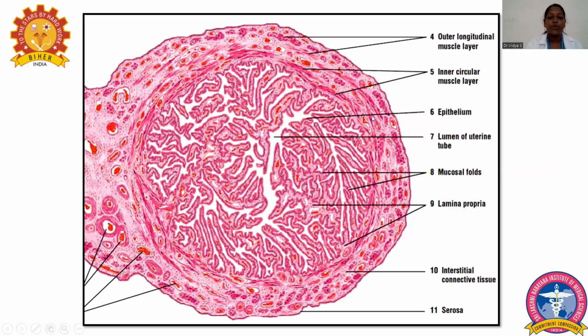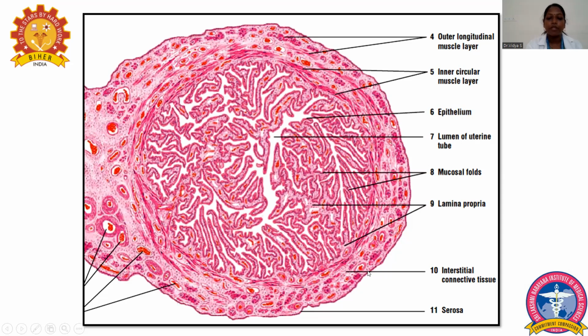This is the picture showing the fallopian tube. You can see the 2 different types of layers, the muscle coat, the outer longitudinal muscle layer and the inner circular. Coming to the epithelium, the lumen of the uterine tube, I told you they have numerous mucosal folds. You can see the numerous mucosal folds, the lamina propria and the interstitial connective tissue.